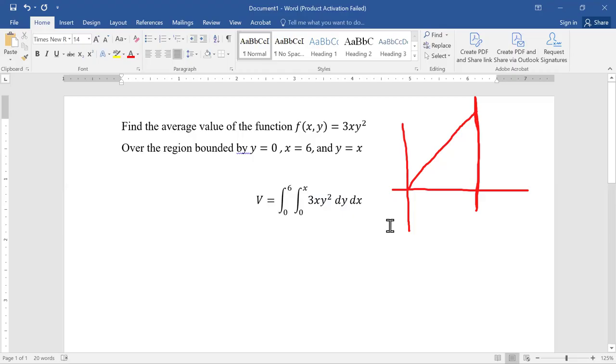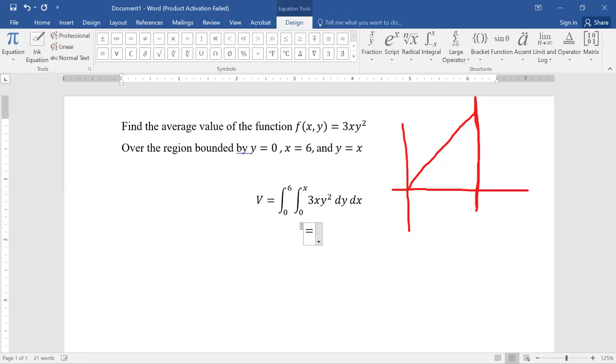I'm going to use technology to figure out that volume as quickly as I can. When we integrate with respect to y, I get y to the third divided by 3. So essentially that's just x y to the third. I'm going to plug in 0, going to plug in x.